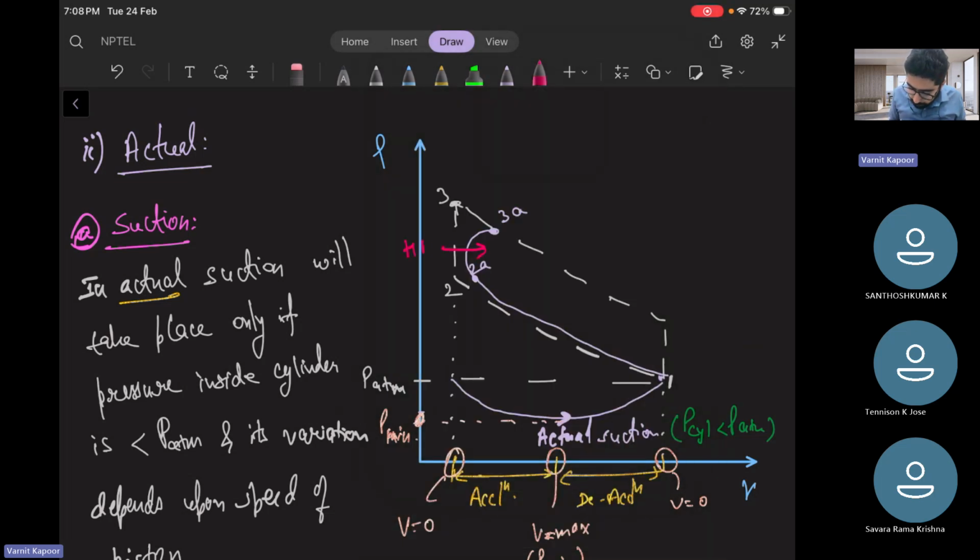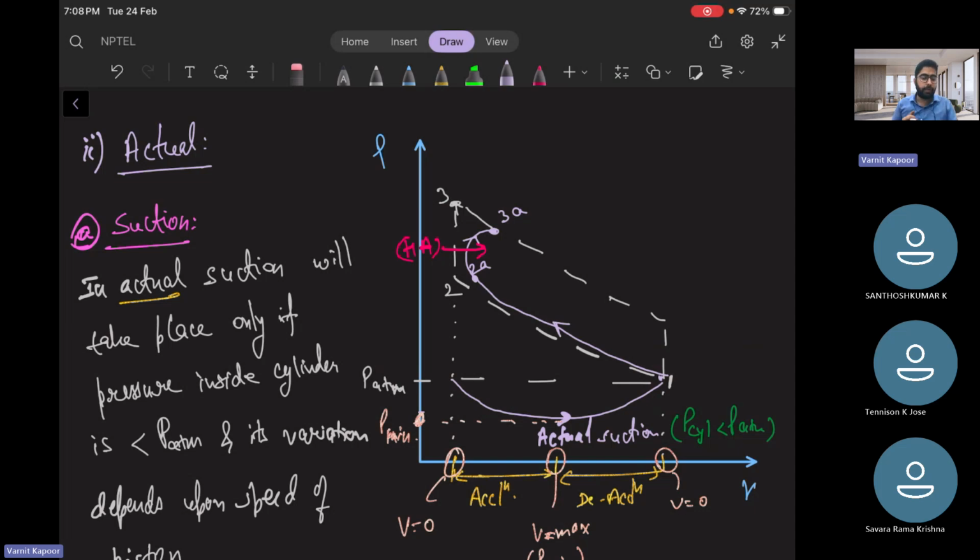I'm not writing this at constant volume. This is not happening at constant volume between 2 to 3. I hope this process is also clear. Suction, compression, heat addition, all these three processes are clear now. Let me make the direction of the cycle.